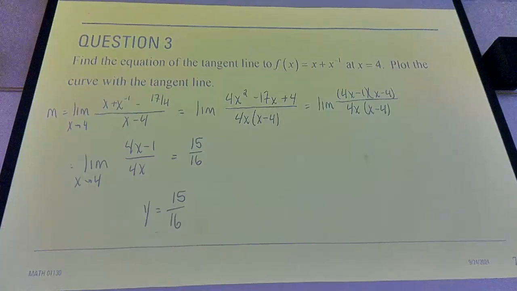Slope times x minus a plus f of a. Fifteen sixteenths times 4 is what?